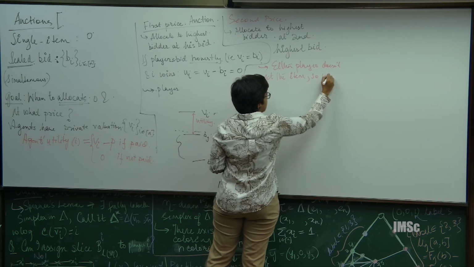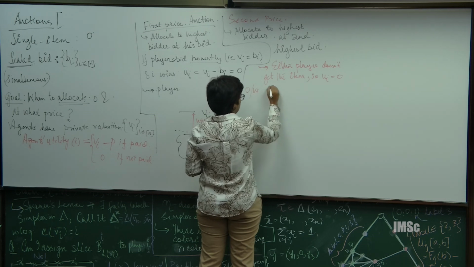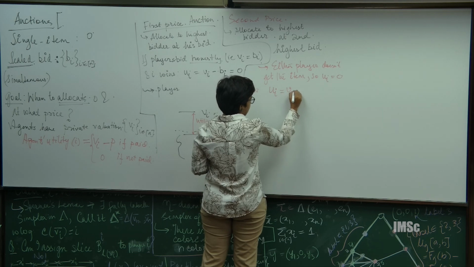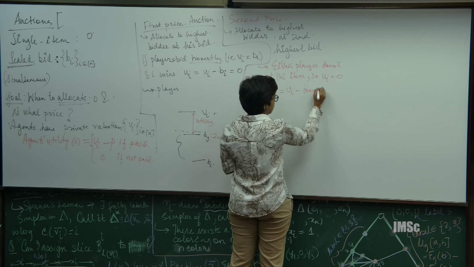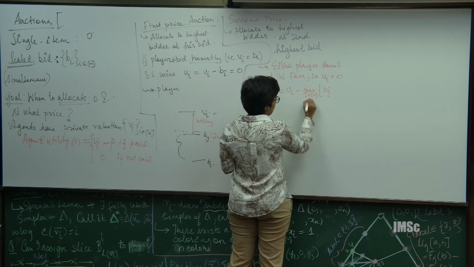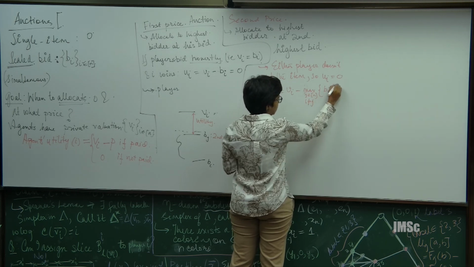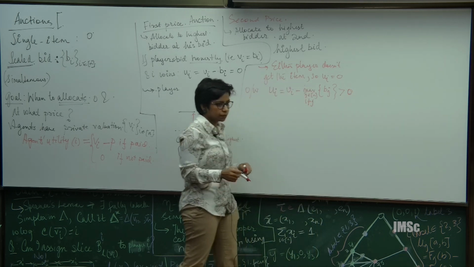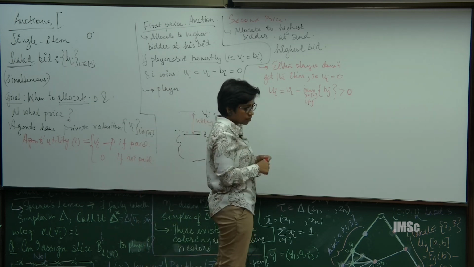So, Ui is 0, otherwise utility is strictly greater than Vi minus the max of bid j, j not equal to i, right, all other people. So, which is greater than 0, right.